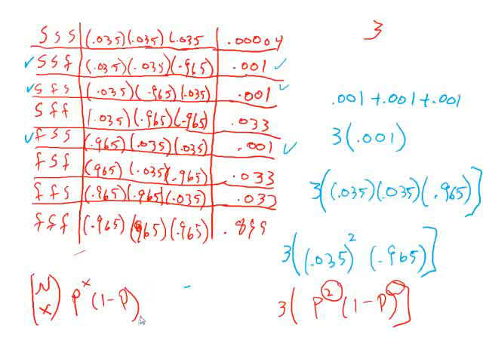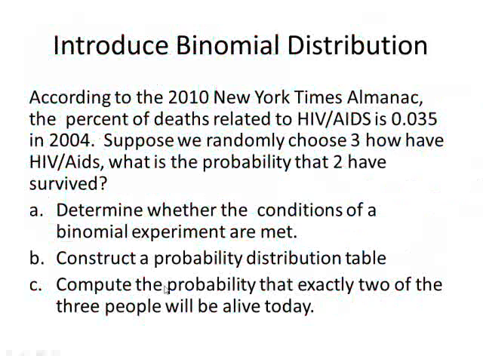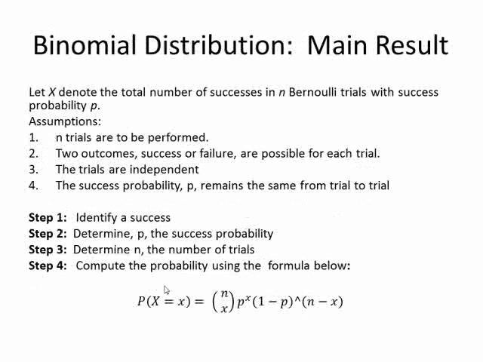If I have n objects and x successes, then that must mean I have n minus x failures. So this is n minus x. Now we get this guy, and that's the grand result right there. That's how we get this formula.